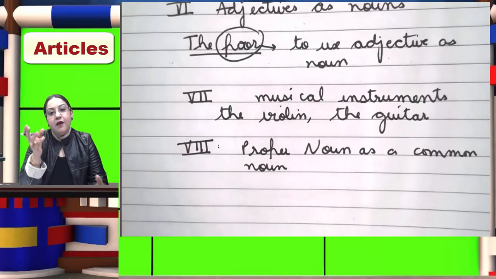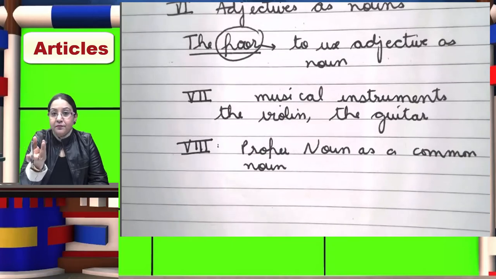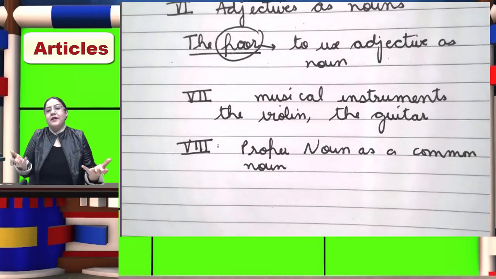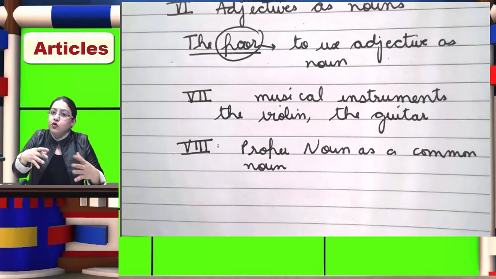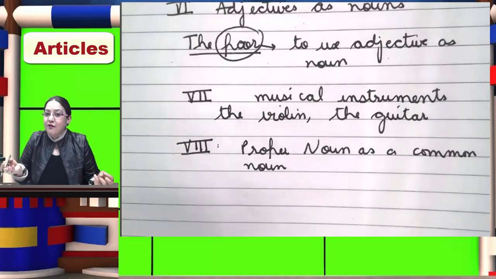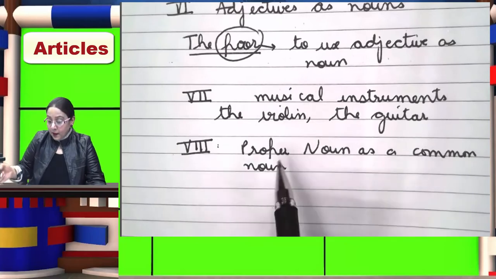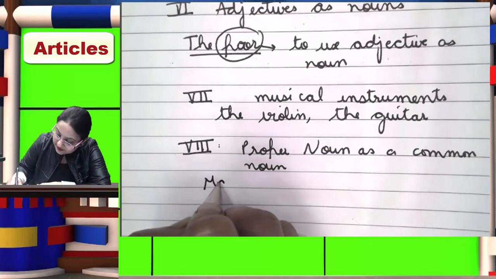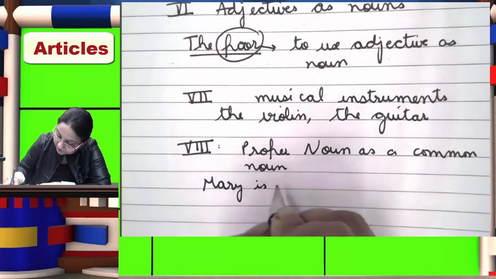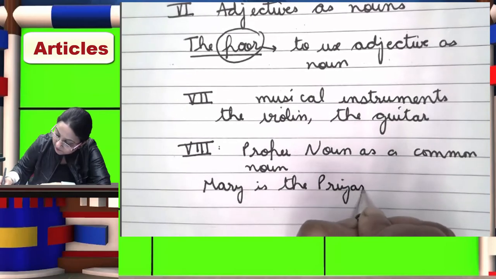So here, Katrina Kaif or Priyanka Chopra, these are proper nouns. But what I'm doing is using these proper nouns as common nouns. I'm using Katrina Kaif to represent the class of those girls who are very good looking, very attractive, very nice. So whenever I'm using a proper noun as a common noun, I say Mary is the Priyanka Chopra of our class.